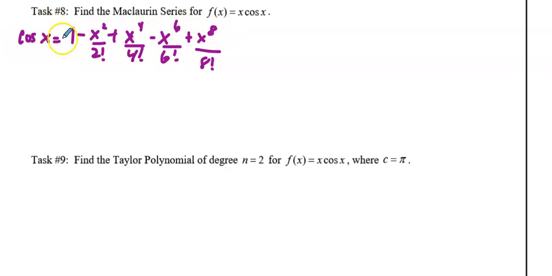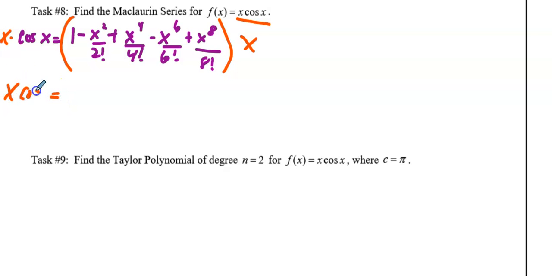Well, this is cosine of x. It should be no surprise that if I want to do x times cosine of x, then I'm going to multiply all of these terms by x. I'm just going to distribute the x to it.